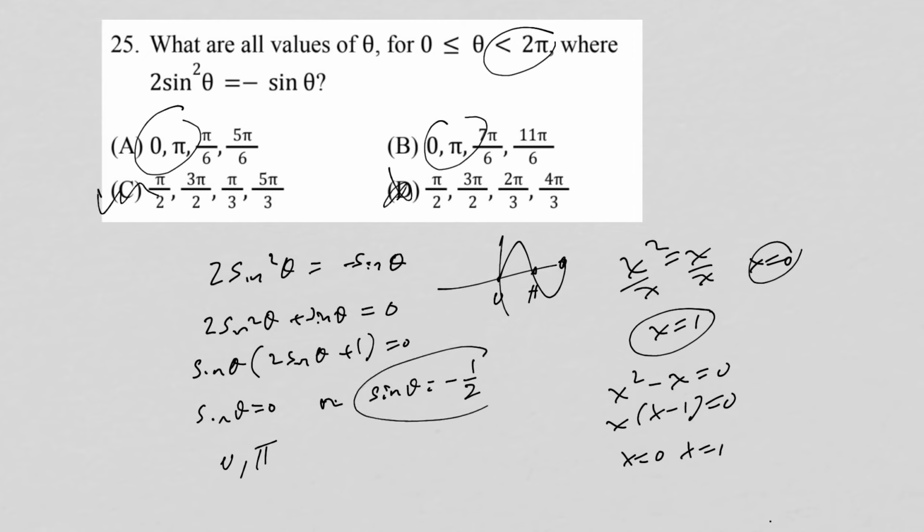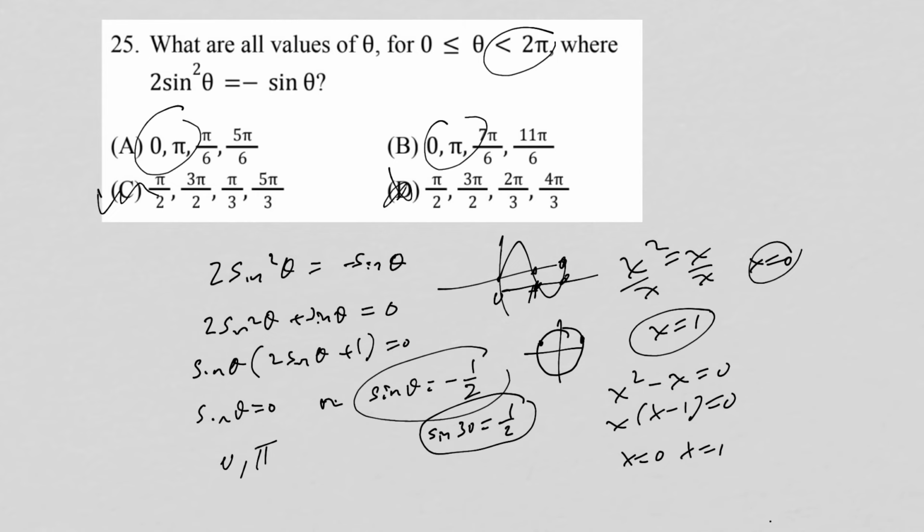Now, sine theta equals negative 1/2. That happens in two places, actually. The way I think of it is sine of 30 is 1/2. That's just a thing that you're supposed to know. So to get negative 1/2, here's 30 degrees on a unit circle.